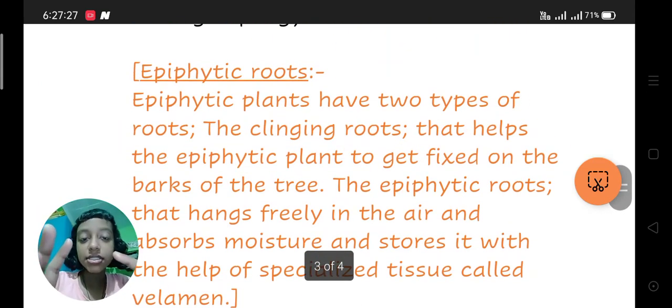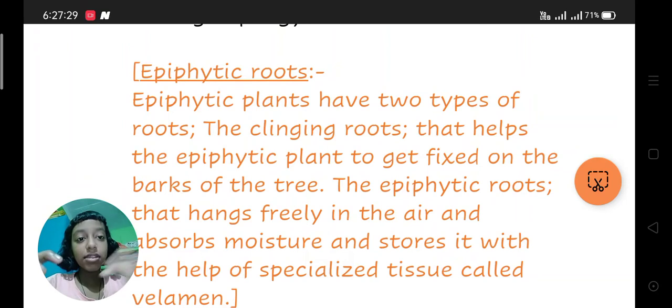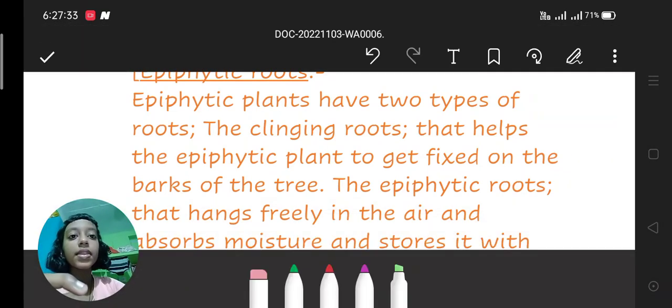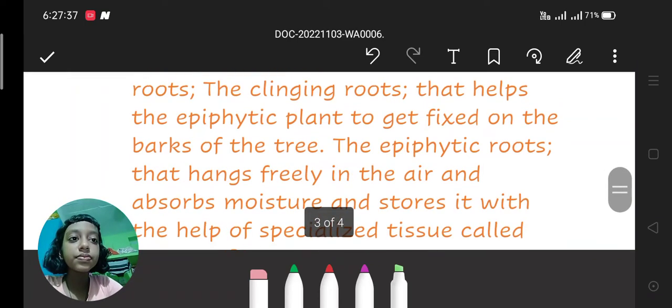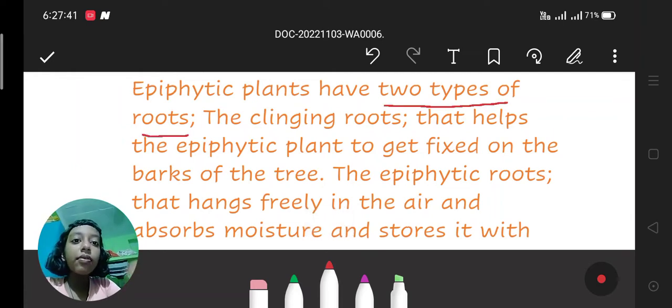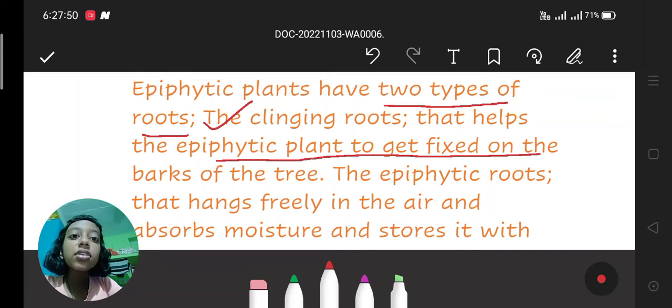Epiphytic roots, let's take it in depth. See that epiphytic plants have two types of roots. How many types of root? Two types of root. One is clinging roots. Clinging roots help the epiphytic plant to get fixed on the bark of the tree.